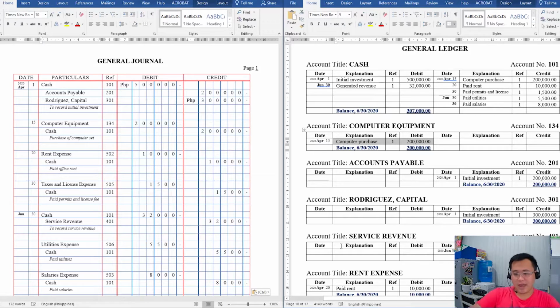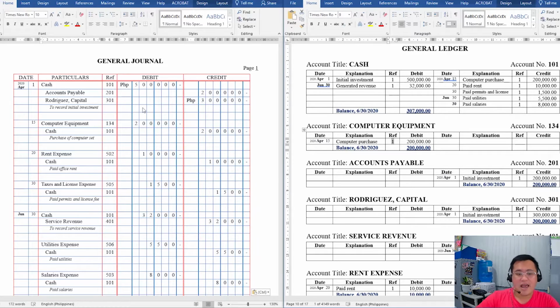Now in making our ledger, we have here the date, the month and the year. So we have to put there the date and then our explanation, any short phrase which would describe the transaction. The reference number no longer comes from the chart of accounts but rather from the page where the journal entry is located.